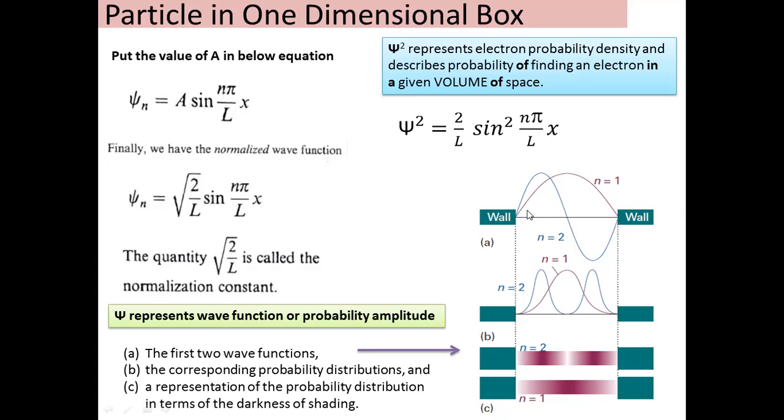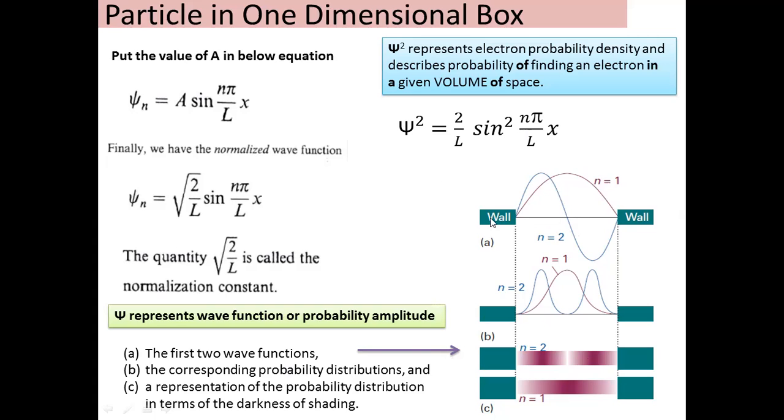When n is 1, that is the first energy level, this is the wave function for the first energy level, and this, which is indicated over here with the blue color, is the wave function for the second energy level. So this is for n1, and this is for n2.